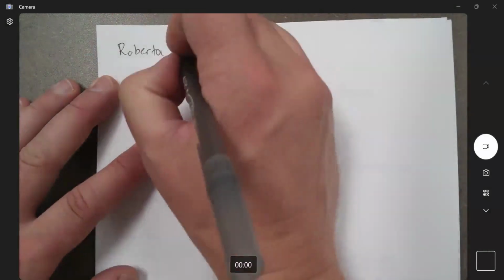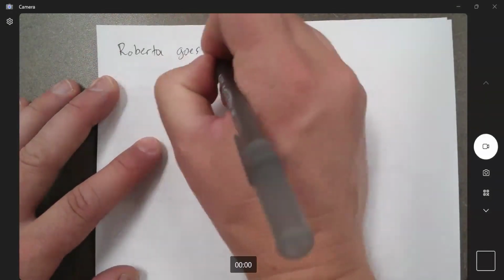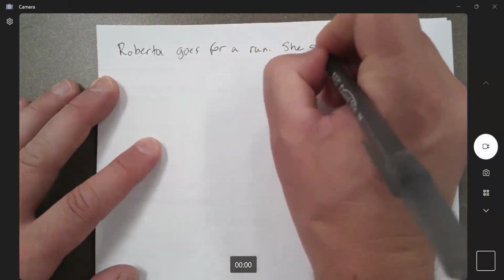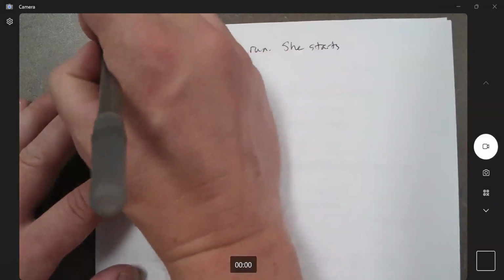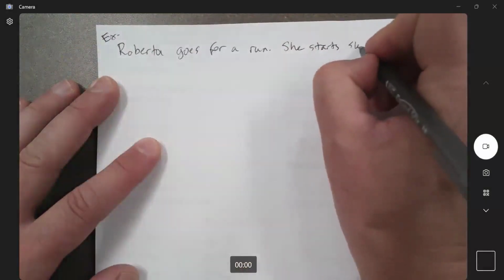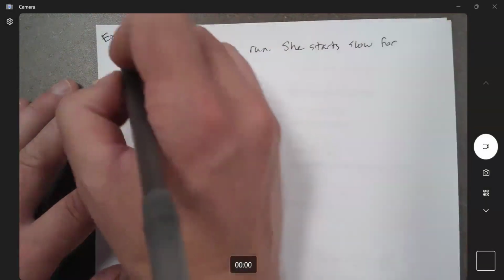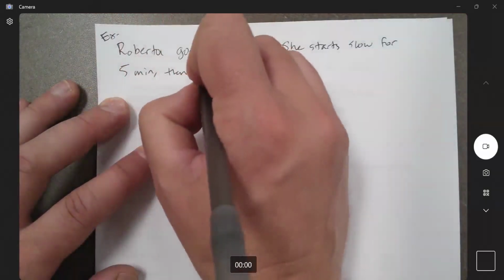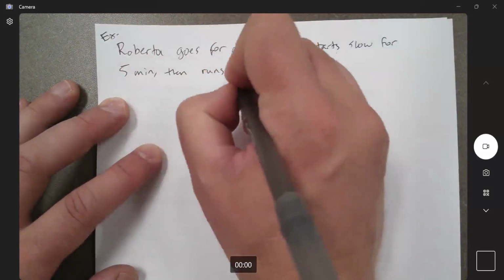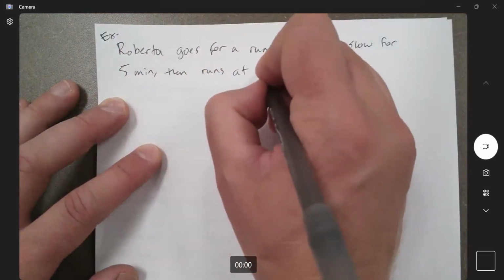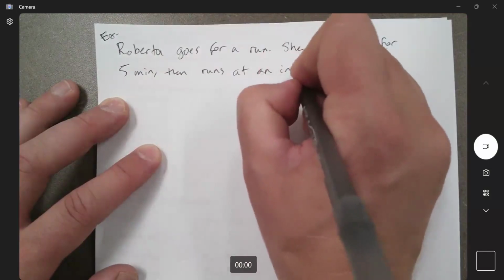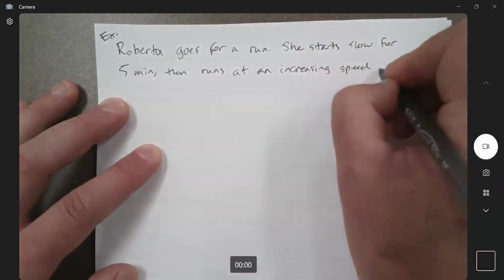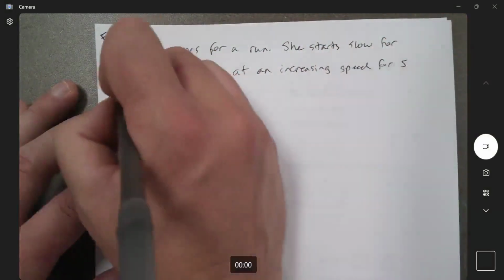Roberta goes for a run. She starts slow for 5 minutes for the warm-up. Then runs at an increasing speed for 5 minutes.